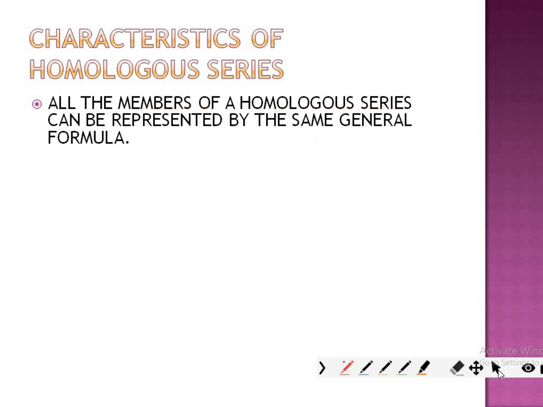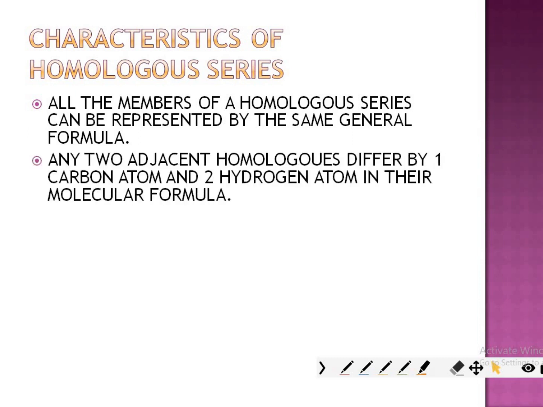Similarly, you can represent all the members of a homologous series by the same general formula. You can find the general formula on your own. It will be different for different homologous series, but all the members of that series will have the same general formula. Now any two adjacent homologues differ by 1 carbon and 2 hydrogen atoms in their molecular formula. It is simple, right?